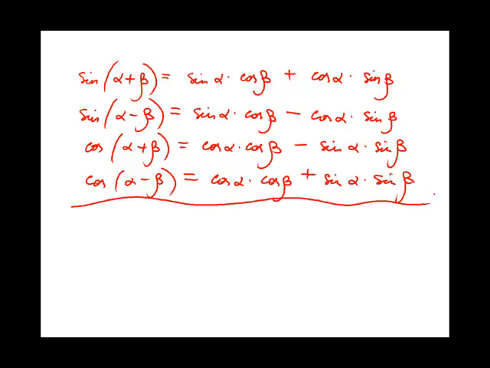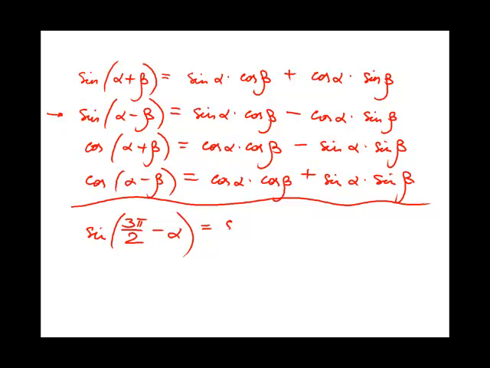Now let's see how these formulas help us if we need, for example, sine of 3 pi over 2 minus alpha. If you don't want a unit circle, let's use one of those formulas. Which one? The second one, because it's about the difference of the angles.